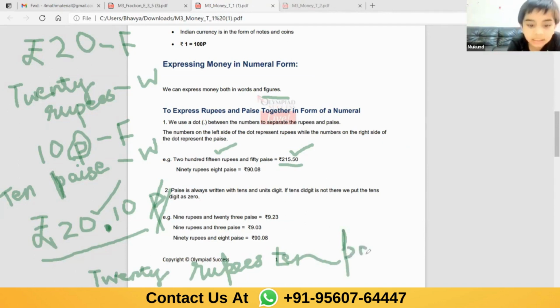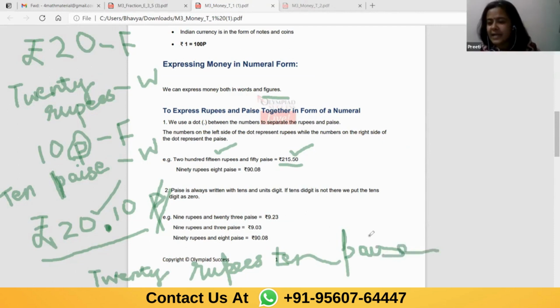Ma'am, does it come like 10 paise 20 rupees or does it always come like 20 rupees 10 paise? Always like 20 rupees 10 paise. Why? Because always the bigger number comes first. Rupees is always bigger than paise because 100 paise will make 1 rupee. Is it clear, Dharya? Yes, ma'am.